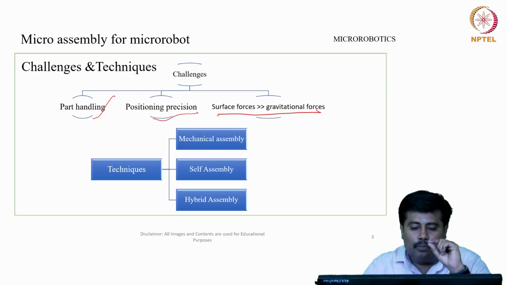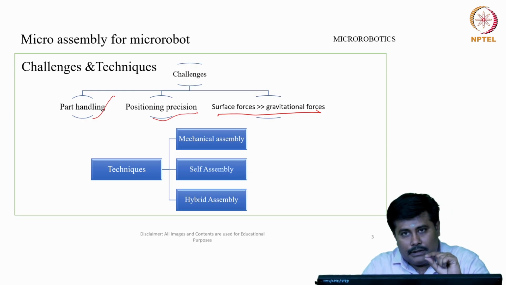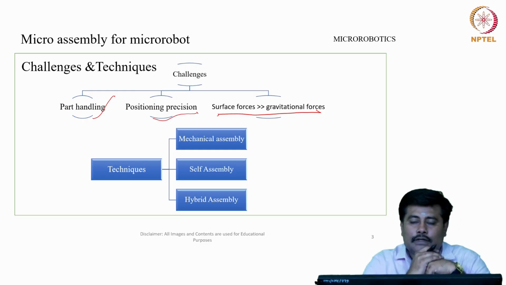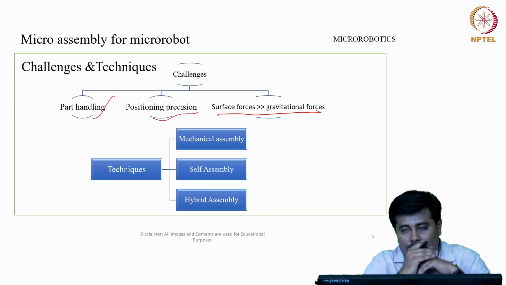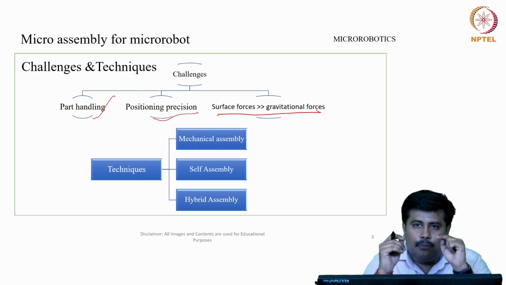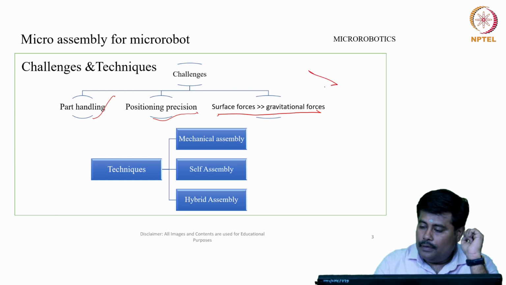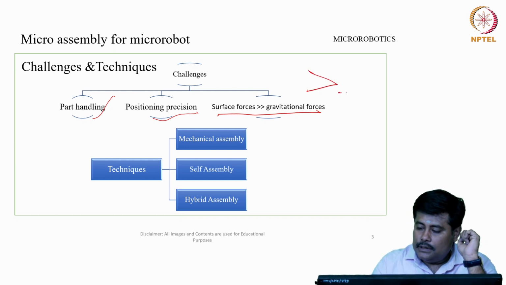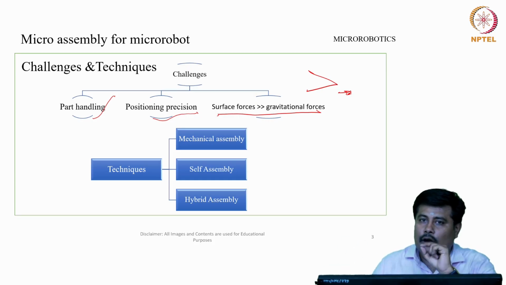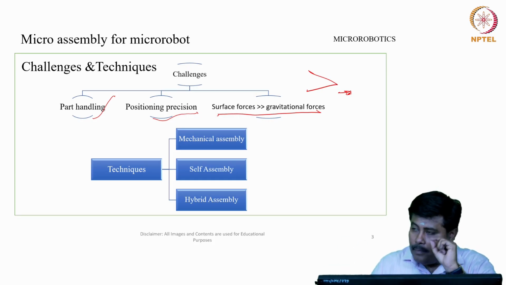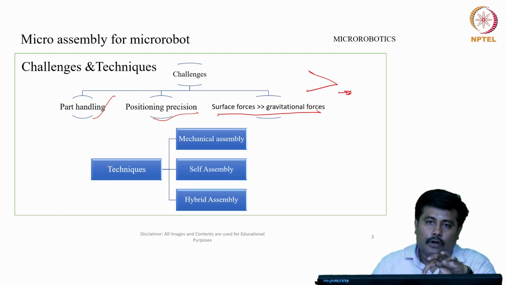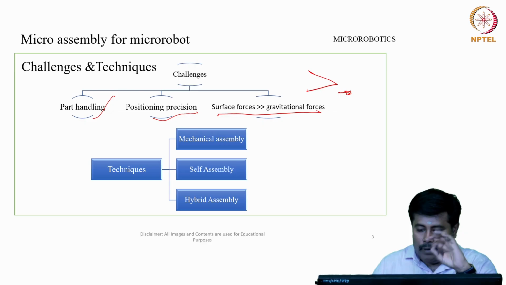When we talk about precision positioning, let's suppose I have a needle. This needle needs to be positioned for appropriate measurements or appropriate manipulation. In those conditions, these micro assemblies play a vital role.